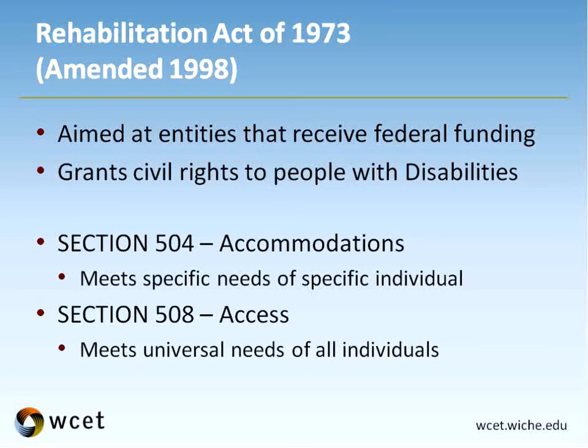We'll discuss sections 504 and 508 of that act because they're directly related to today's webinar. You'll see that there's a difference between providing accommodations, which is what most of you are doing now, and accessibility, which is where most of us are headed.